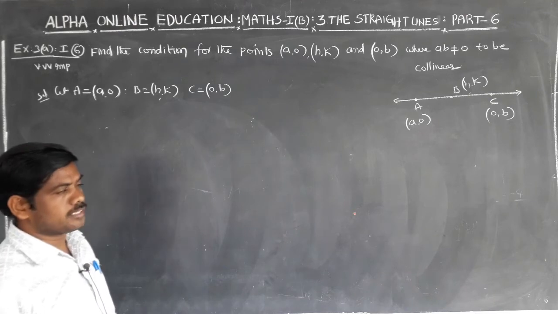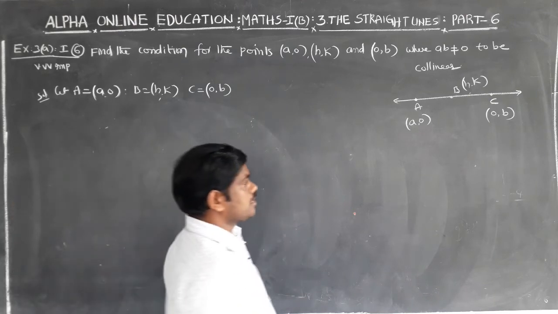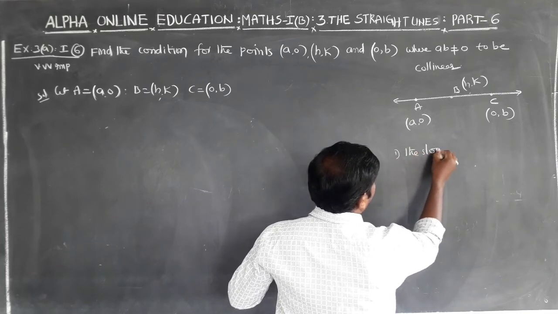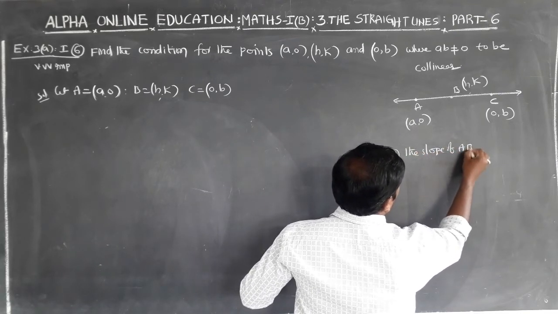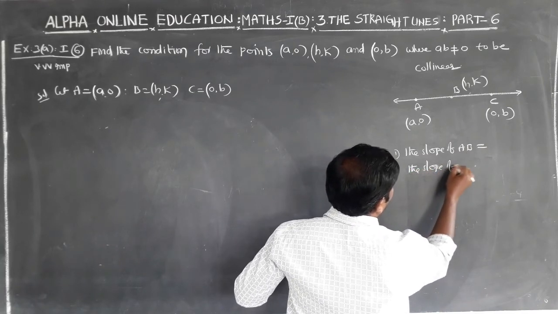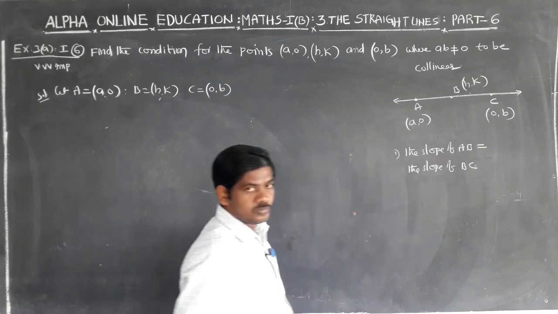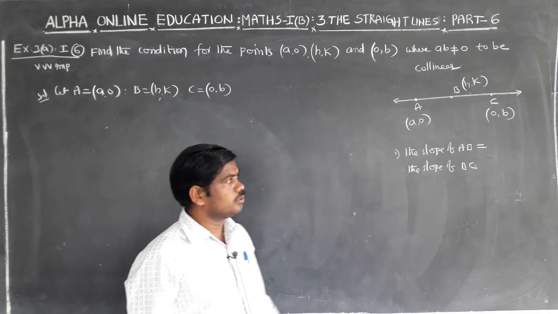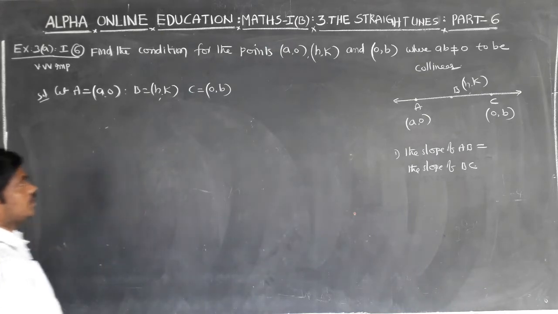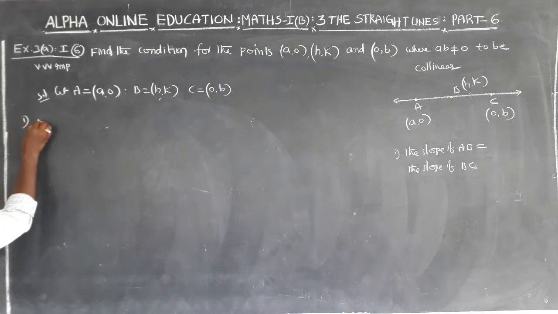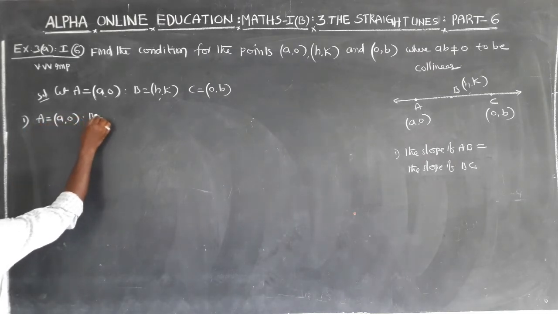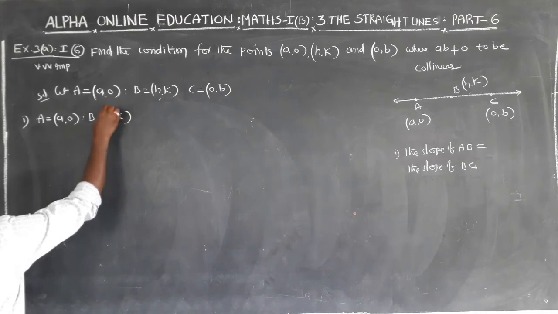If the three points are collinear, the slope of AB is equal to the slope of BC. First, find the slope of AB. A is (a, 0), B is (h, k).